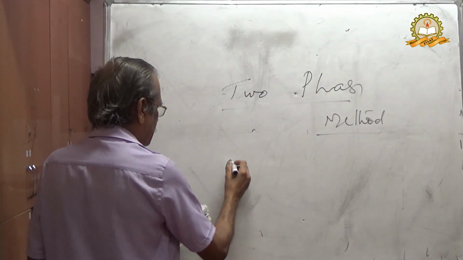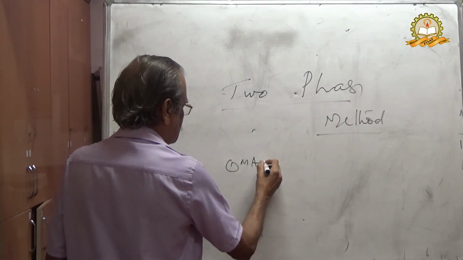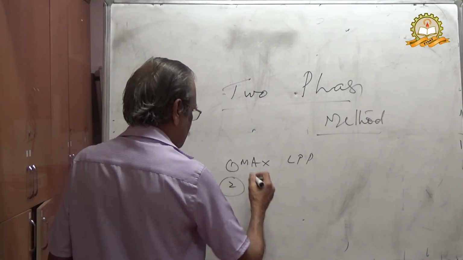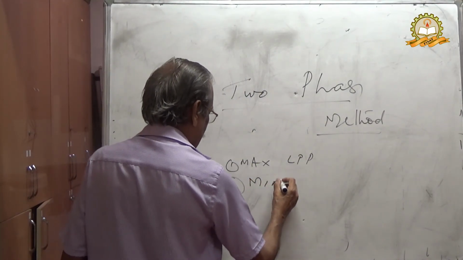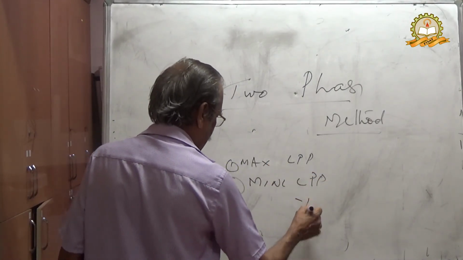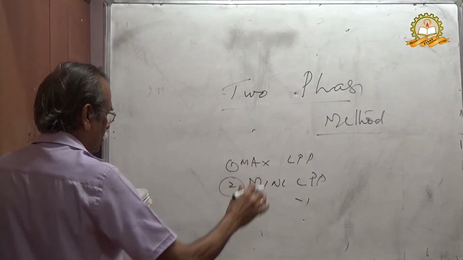Earlier you did maximization, simple LPP. Then the second one, minimum LPP, you did it. Minimum means change over to maximum with a negative 1 in the objective function.